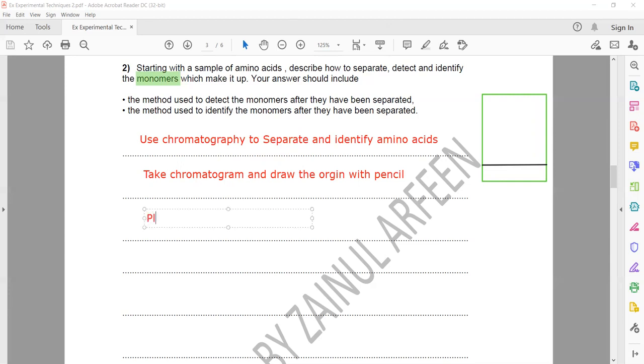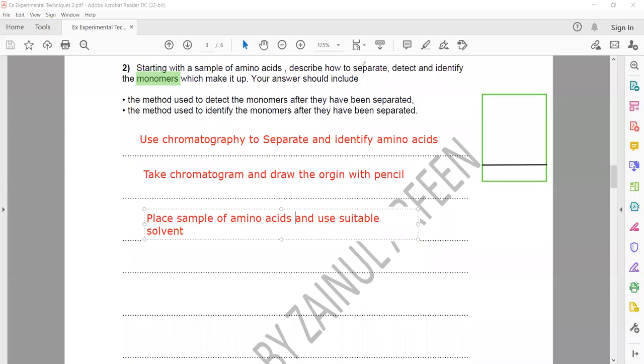Then place a sample of amino acids, because it is a mixture, and use a suitable solvent. So we place a sample of amino acid.